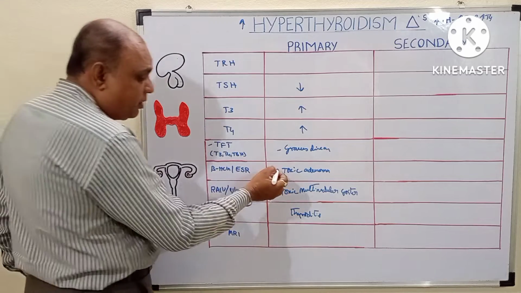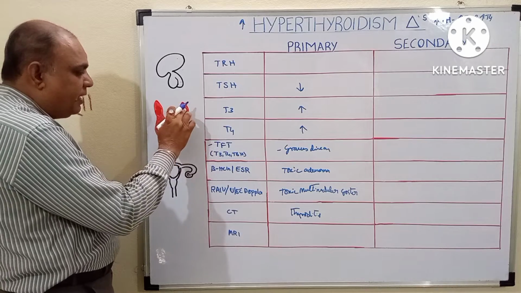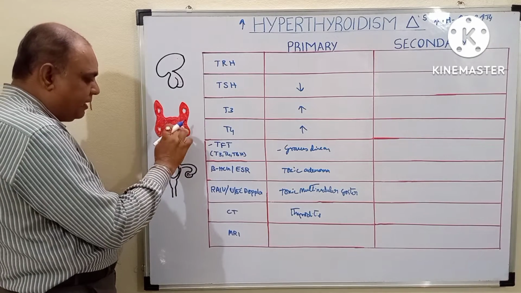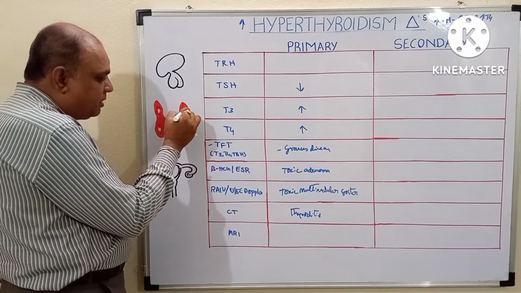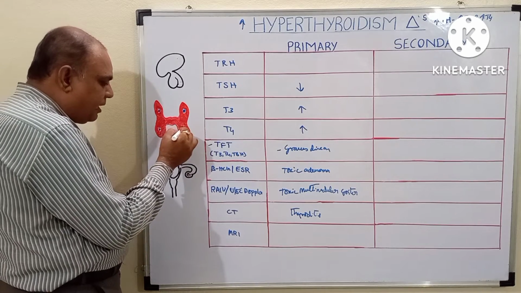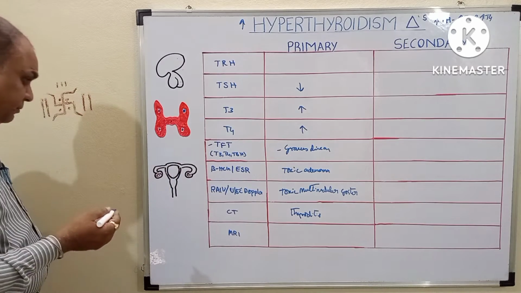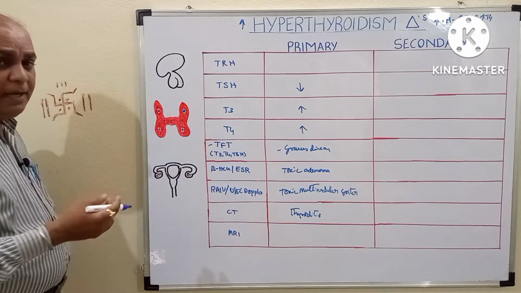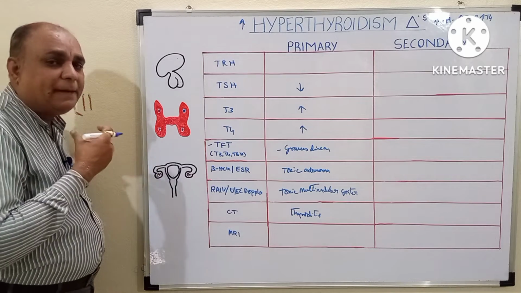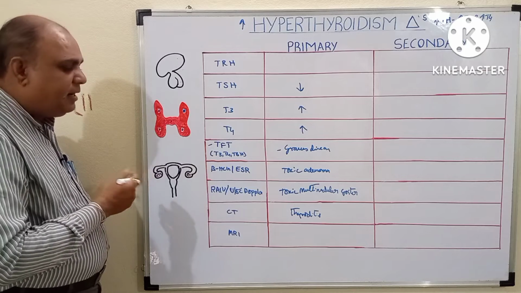Now, in toxic adenoma or toxic multinodular goiter, there is a goiter or nodules, a single nodule or multiple nodules in the thyroid gland, which may or may not be palpable as they are stuck deep into the thyroid gland.